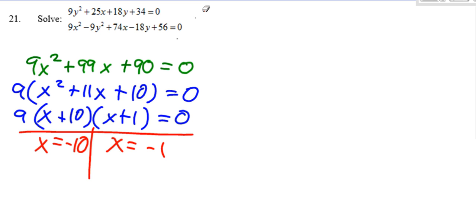Plug those in either equation. I would plug it into the top one because that's easier. There's only one place to plug in x for the top equation.